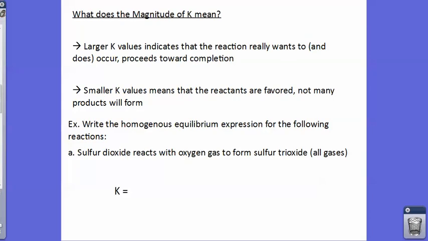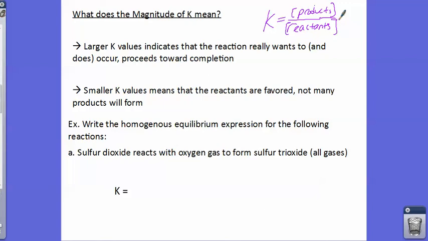Okay, so one of the things that we talk about here is the magnitude of K. So remember, our K is the concentration of reactants on the bottom, and the concentration of products on the top. So a larger K value is going to indicate the reaction is going to go towards completion.